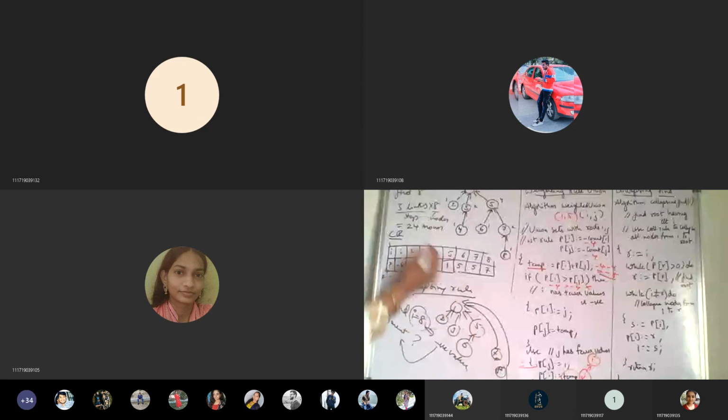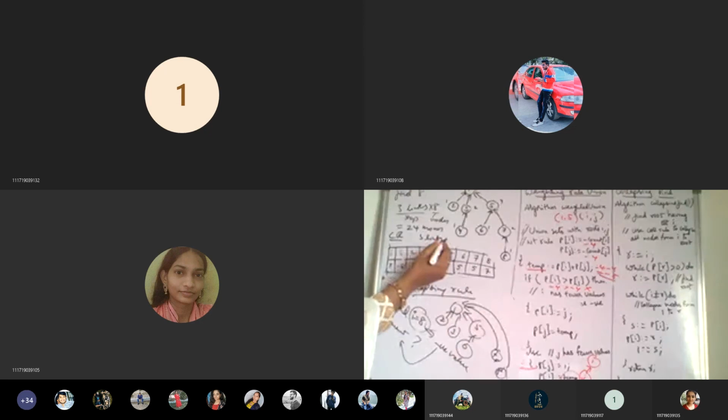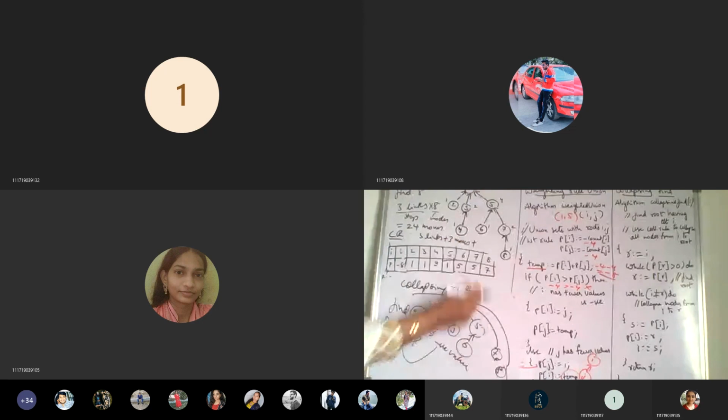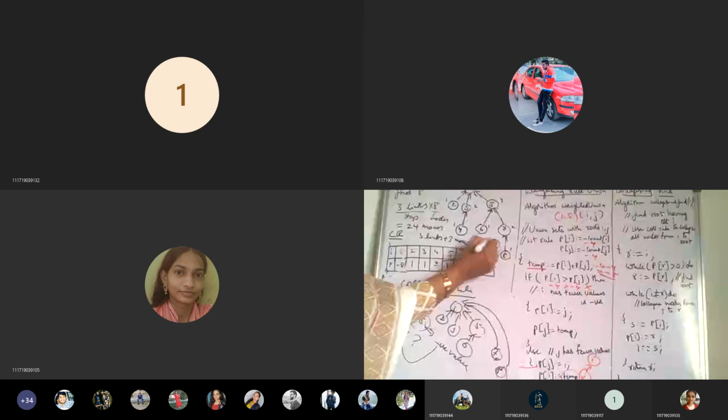So 1, 2, 3, 3 links, 3 steps going up, and 3 links, plus 7 nodes. So how much will it become? 7 plus 6, it will be 13 moves.